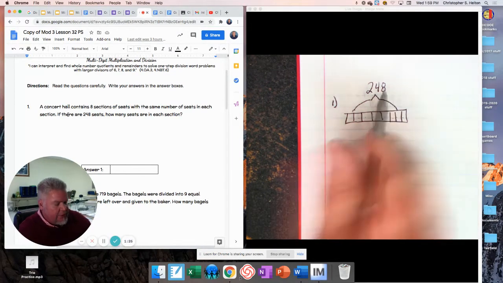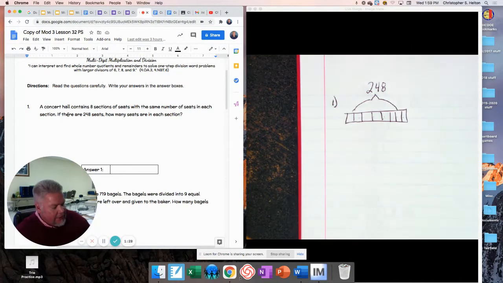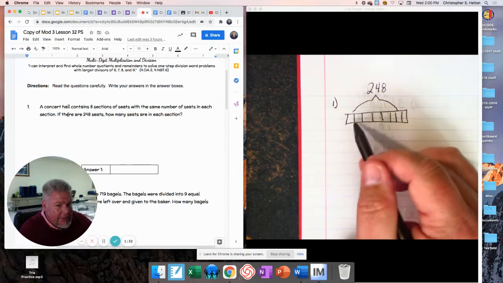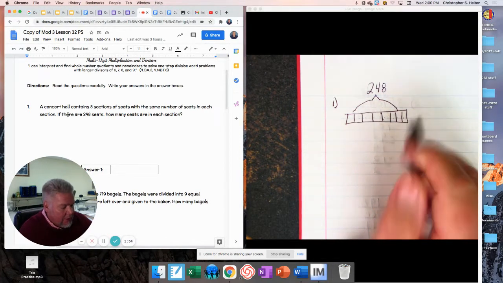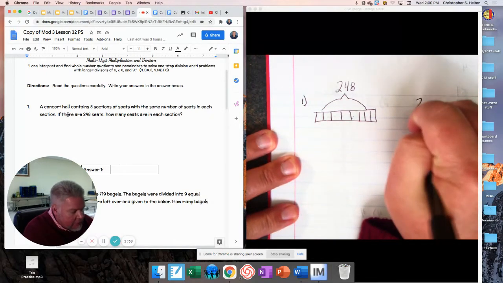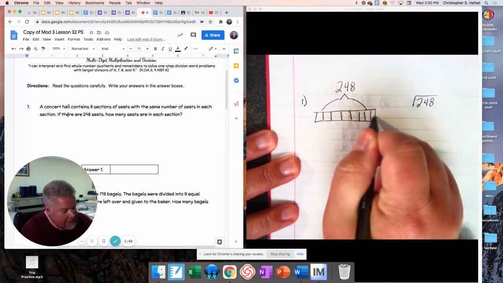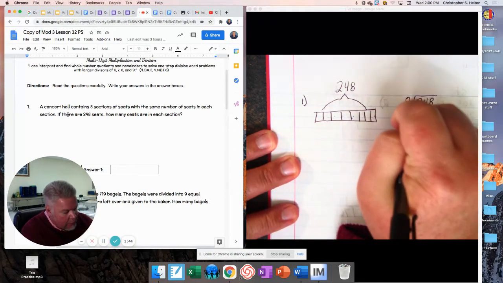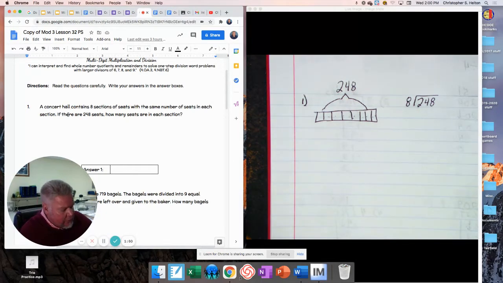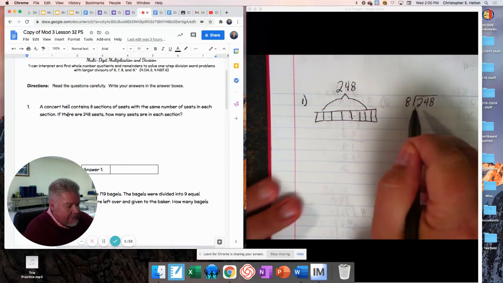And altogether, there's 248 seats. So what we are doing is we're splitting 248 into 8 equal parts. So now it just becomes a division problem to find the answer. So 248 divided by 8.